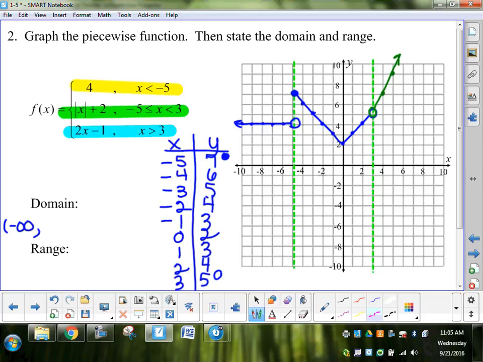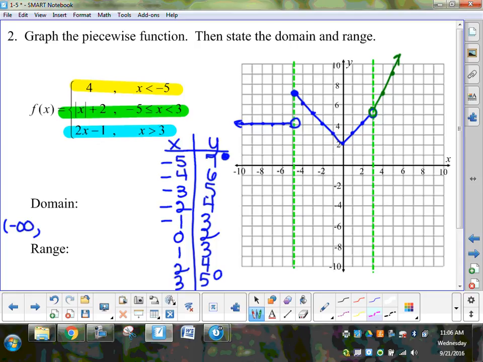You're not wrong, but you gave too much. Who can tell me what they think this would be? See how there's a hole in the graph there? Is 3 ever used in either of those graphs? Is 3 used in the making of either graph? No. So it's negative infinity up to 3. We're going to jump over the 3 and resume out at positive infinity.